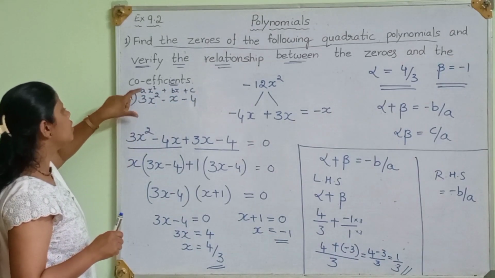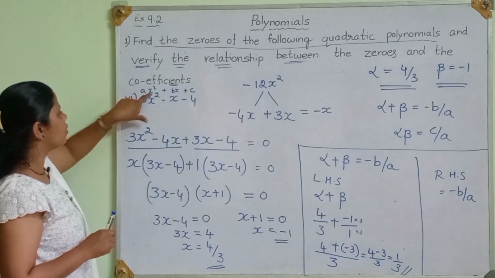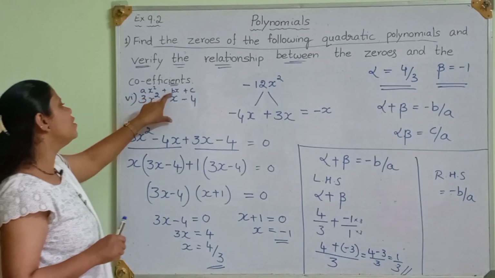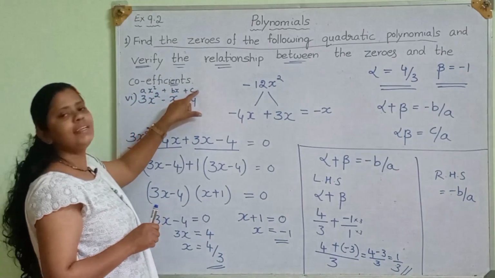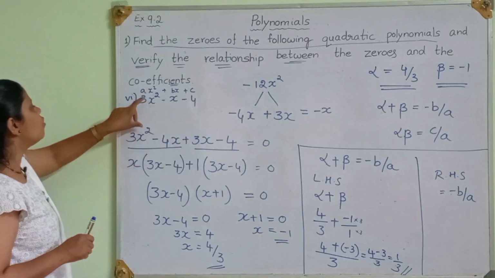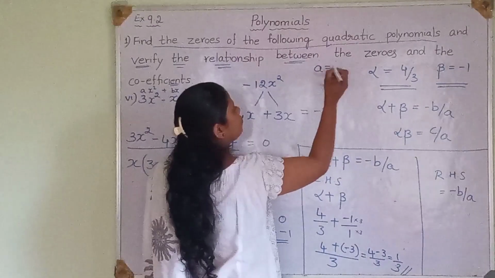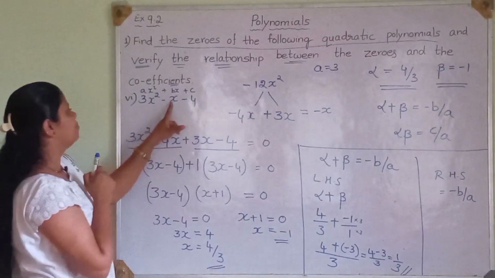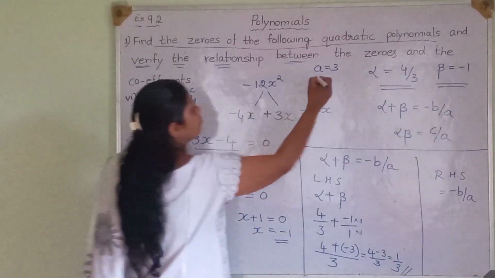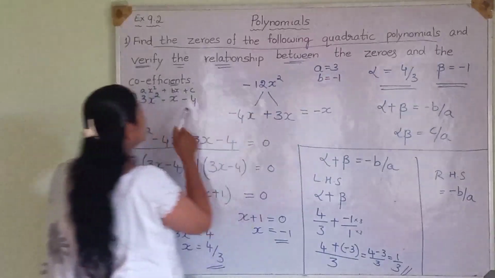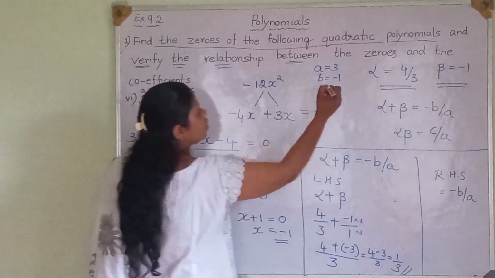A is the coefficient of x square, b is the coefficient of x, and c is the constant. Therefore, the value of a is 3, b is minus 1, and c is minus 4.